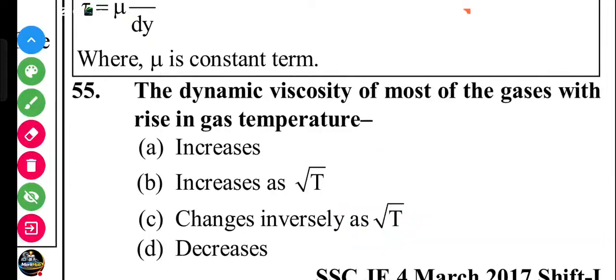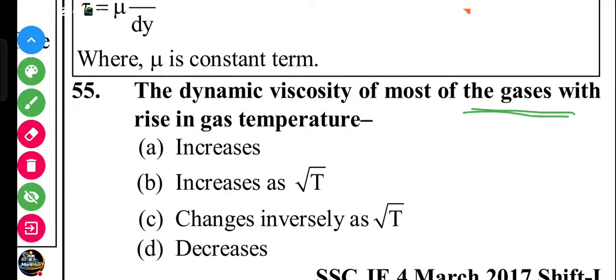Next question: the dynamic viscosity of most of the gases with a rise in the gas's temperature. Please tell me what is the reason for the dynamic viscosity in the case of gases.